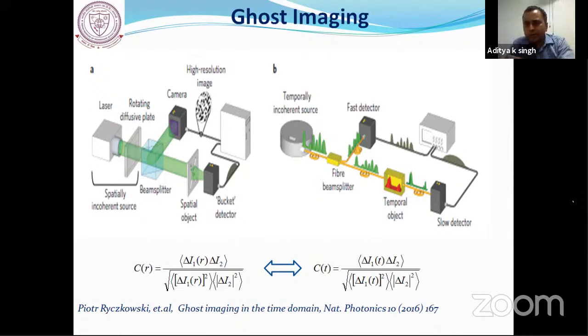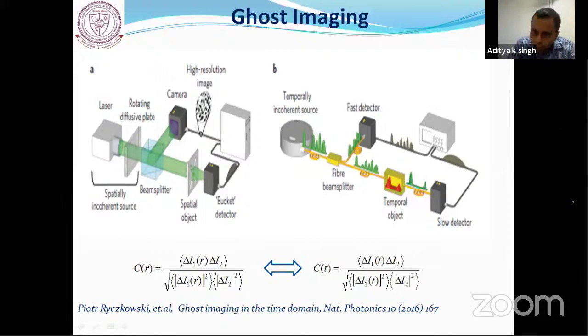I will try to demonstrate in my work that we have considered a very generic object. It's not a binary object like 0 and pi or 0 or 1. The light which interacts with the object goes to the bucket detector, and the other part of the light, which was reflected by the beam splitter, goes to the camera, a CCD, a kind of array of detectors.